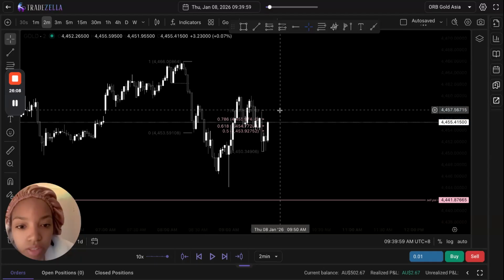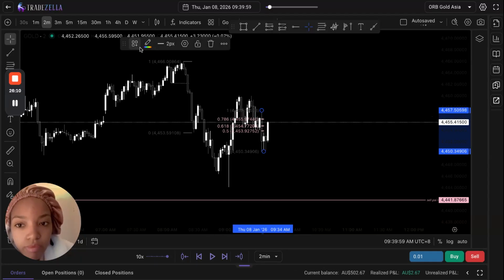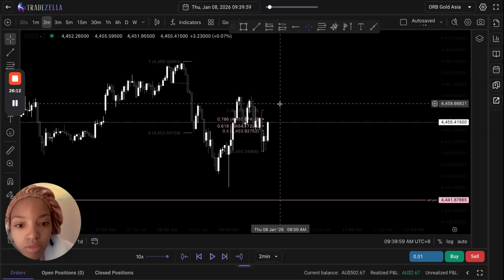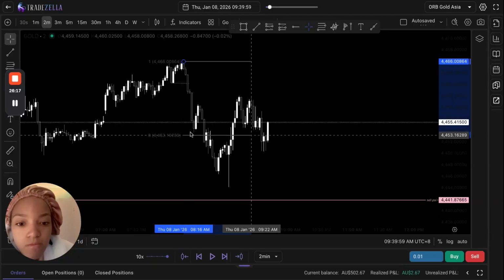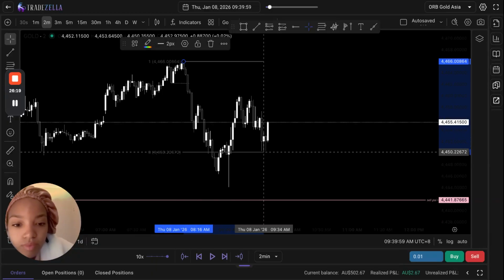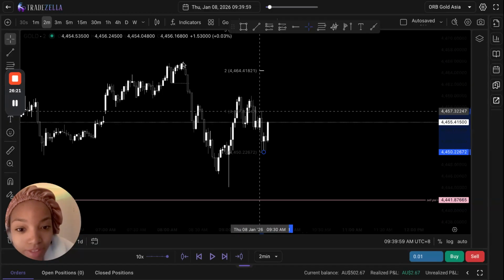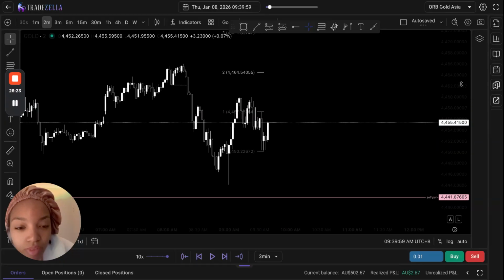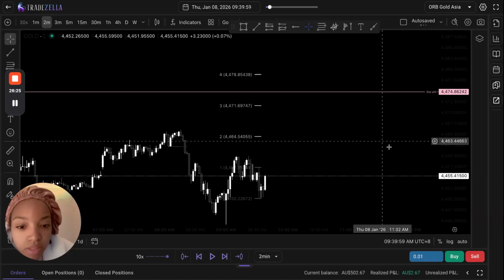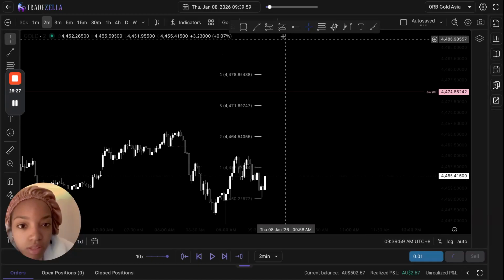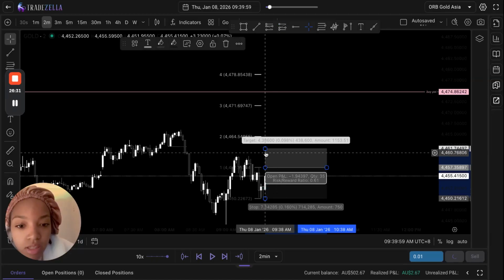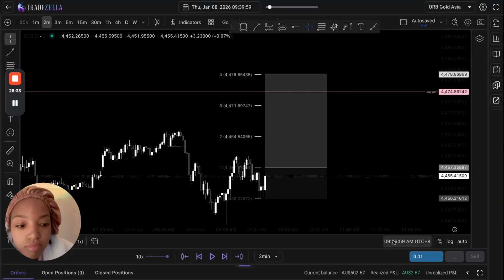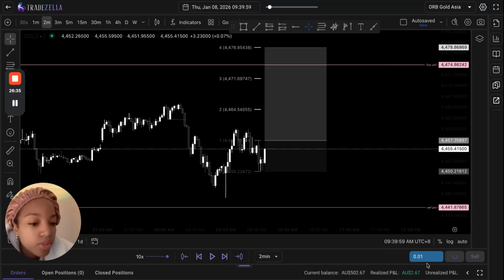Now it wants to do OTE when I want it to do the standard deviations now. Try my best not to get rage baited, guys. I really am. Okay, we'll see if this plays out. If it doesn't, it doesn't, and if it does, it does. Just seeing it do its thing.